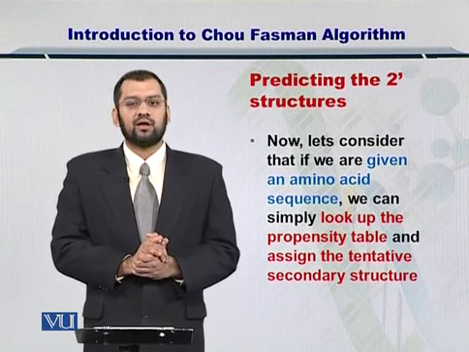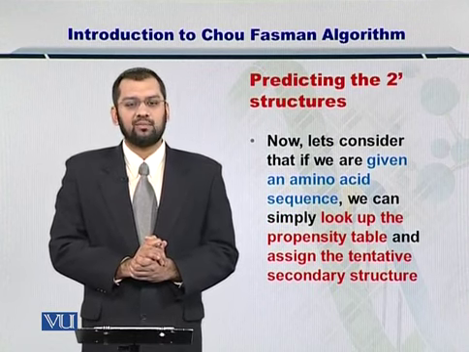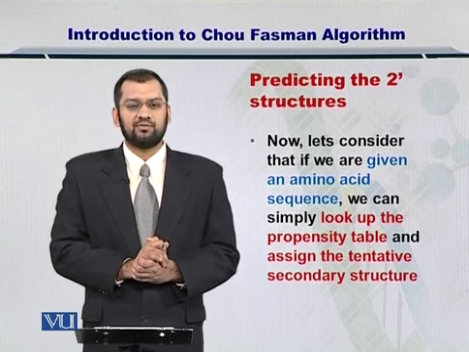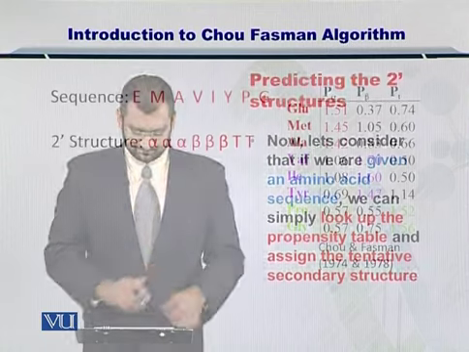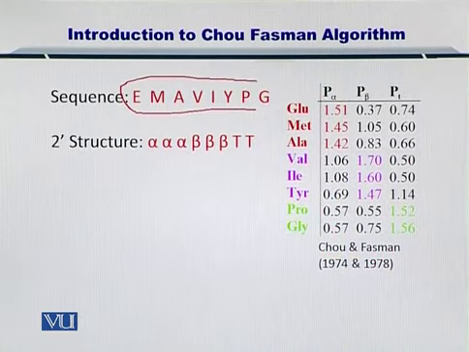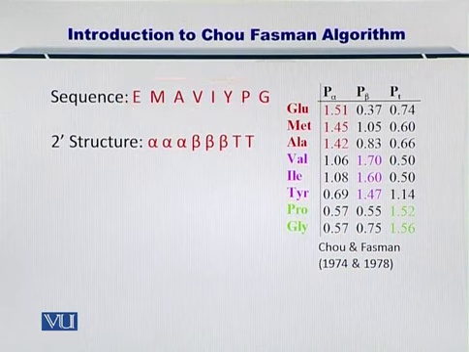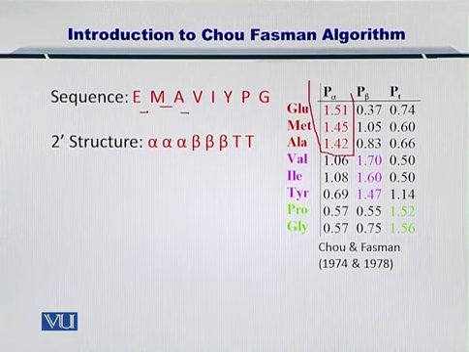Let us consider an amino acid sequence, and by using this propensity table, see how we can calculate the overall secondary structure. In this example, the sequence of the amino acids is given here, and the secondary structure which we want to predict out of them is given here. If you look carefully, glutamine, methionine, and alanine are all alpha helix formers a priori.